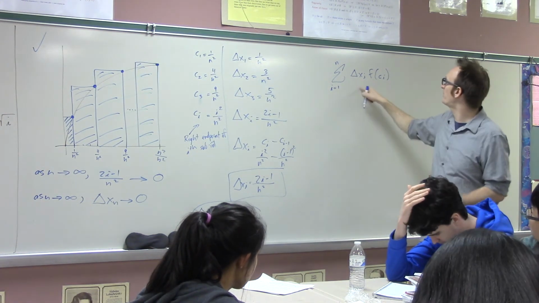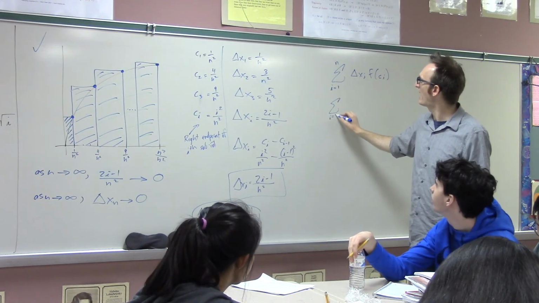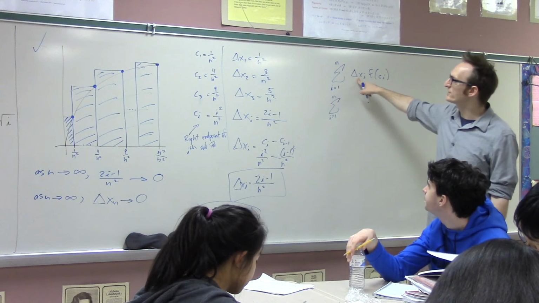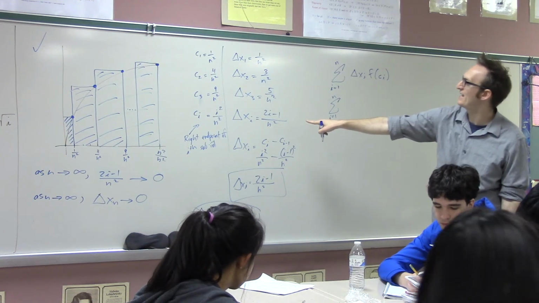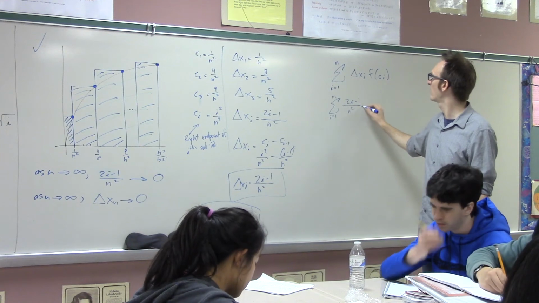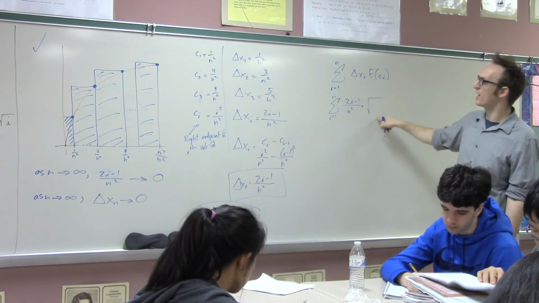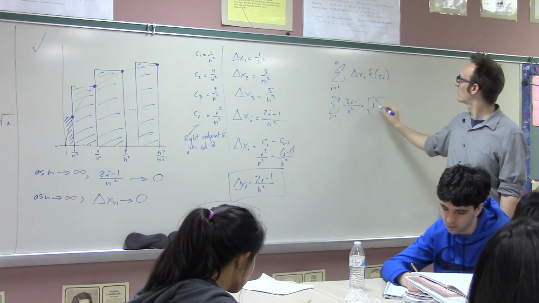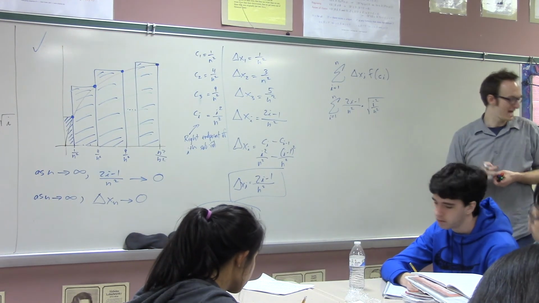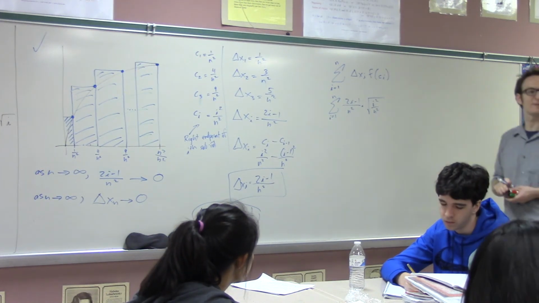All right, and then we go to plug this into the formula. We're taking the sum from i equals 1 to n, and delta x sub i is 2i minus 1 over n squared. And what's f of c sub i? Well, that's going to be the square root of i squared over n squared. And by only plugging perfect squares into this formula, this turns out to be something I know how to do.